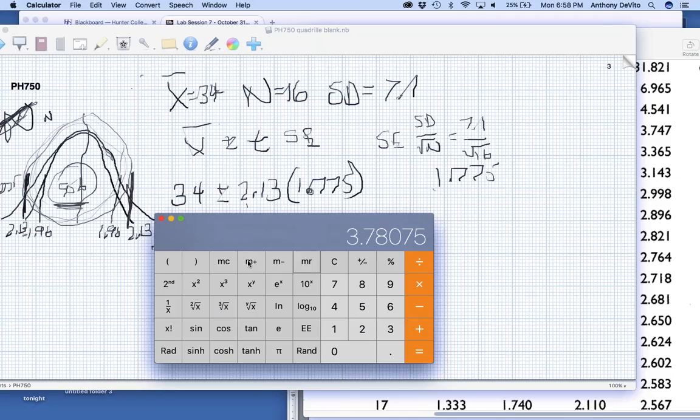Put that value into my memory, clear. Okay, so 34 minus our margin of error. Did I hit the minus? Let me clear that. I killed it, didn't I? Try this again.